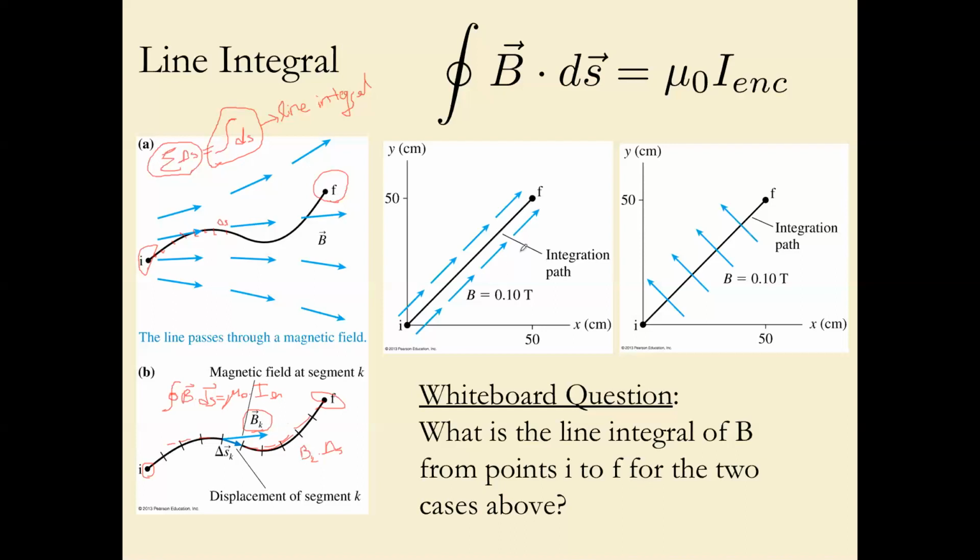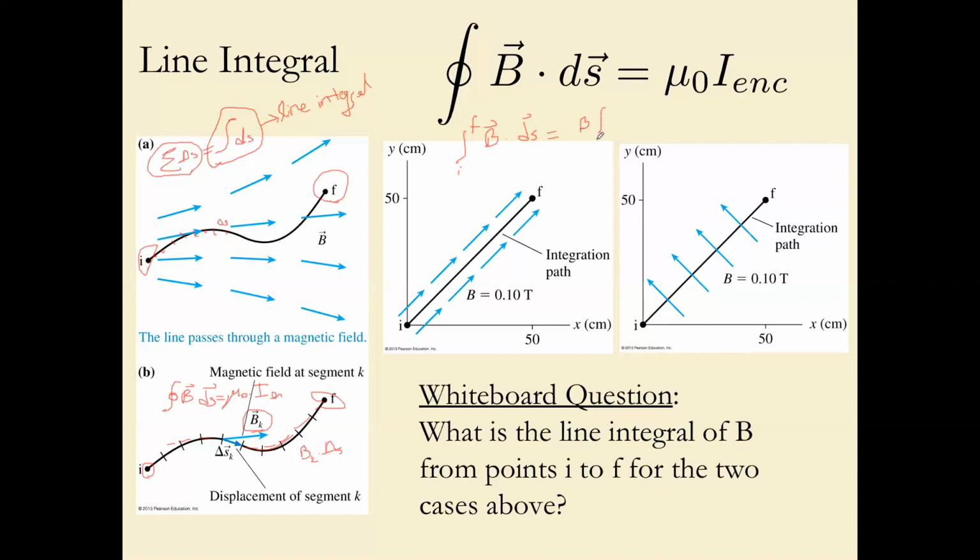So here there are two examples. In the first one, the question is, what is the line integral of B from the initial point to the final point for two cases? So the line integral of B dot ds. Right? B is constant, so just put it outside of the integral.